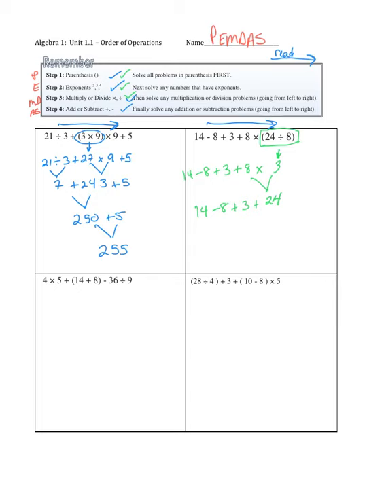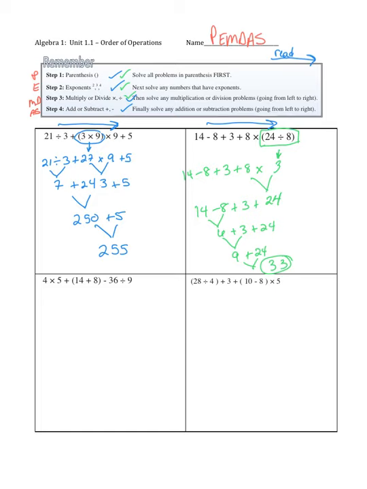Okay, so now I have 14 minus 8 plus 3 plus 24. Again, going left to right. Now we're doing adding and subtracting, whichever comes first. 14 minus 8 is 6, plus 3 plus 24. 6 plus 3 is 9, plus 24, 33. Okay?